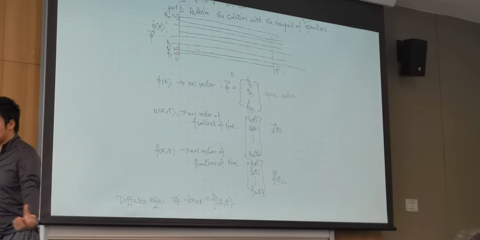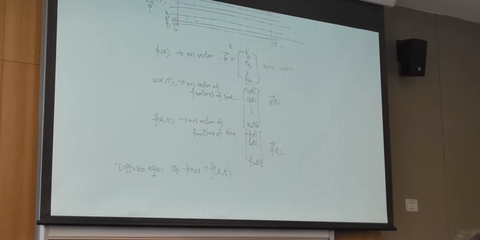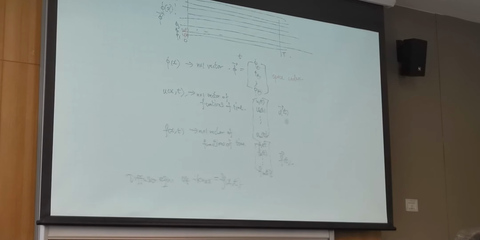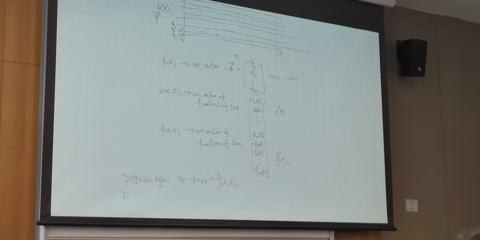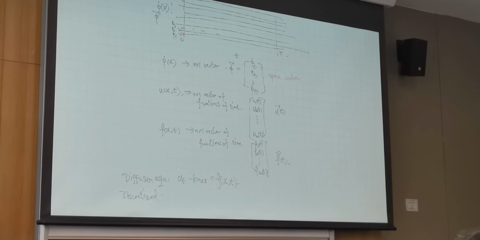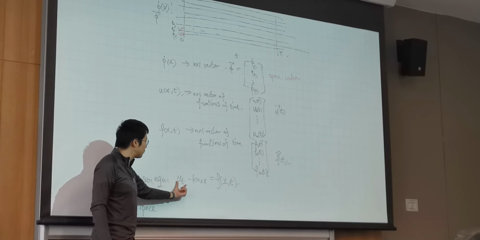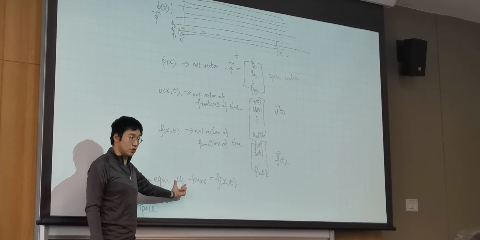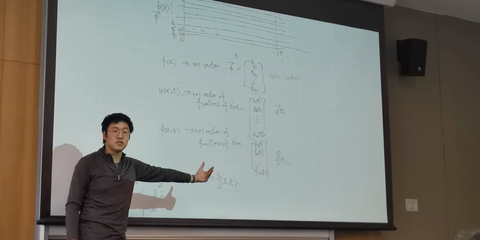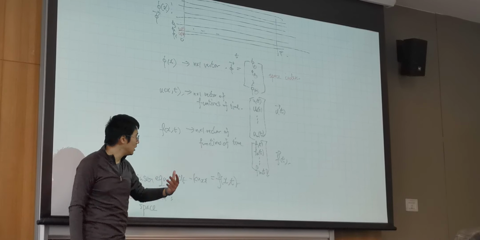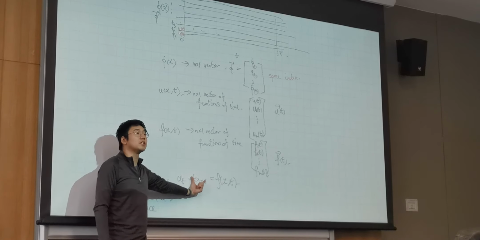Right? So now, if we are discretized in space but not discretized in time, then the differential operator on time, u t, is going to stay, because again, time is still continuous. But the space is now discretized.